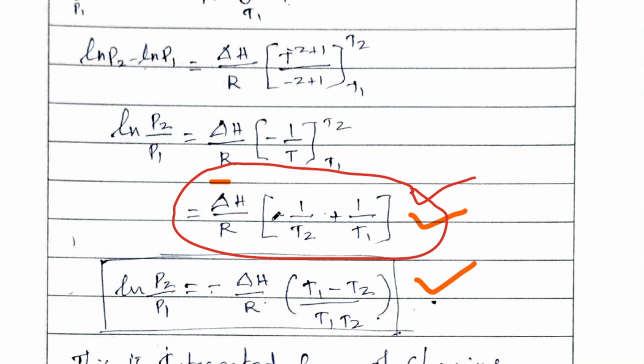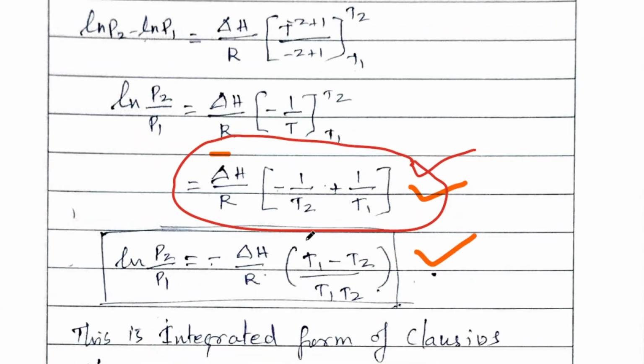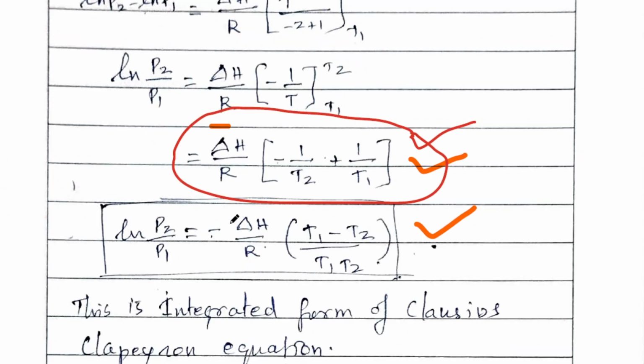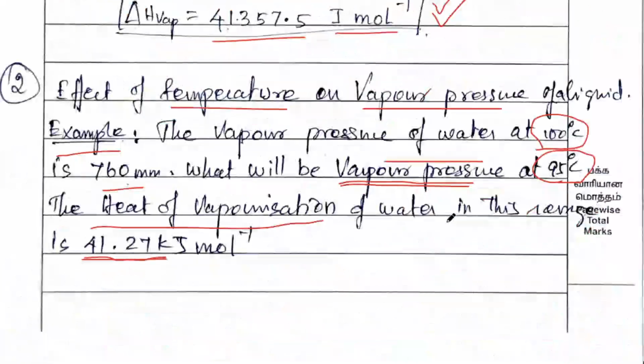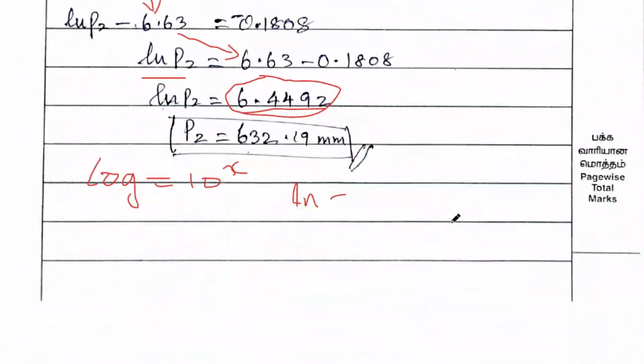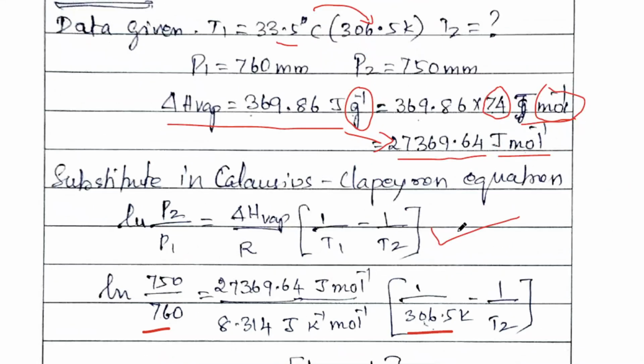The same equation is rearranged into different forms as and when required, and we can use any of them. For this problem, I am using this equation to solve it.